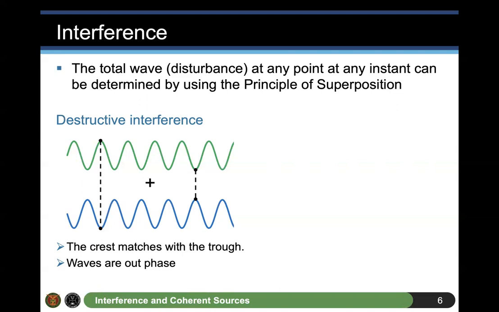So earlier in phase, now out of phase. If we add them up, actually, amplitudes cancel out. Okay? Because you add a positive A, the positive amplitude, and a negative A, which is a negative amplitude. So, plus A minus A, 0.